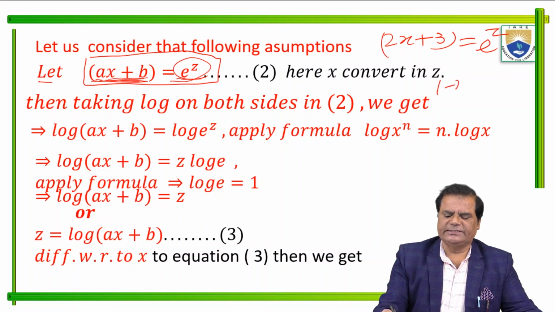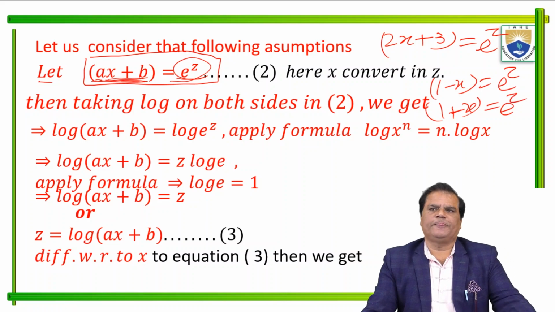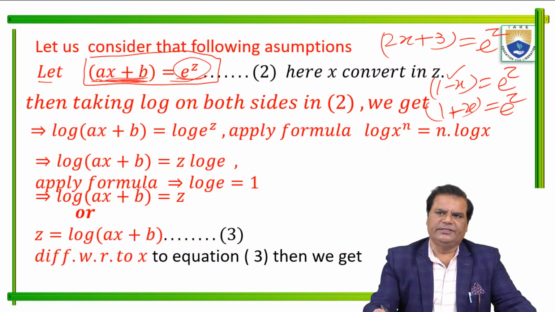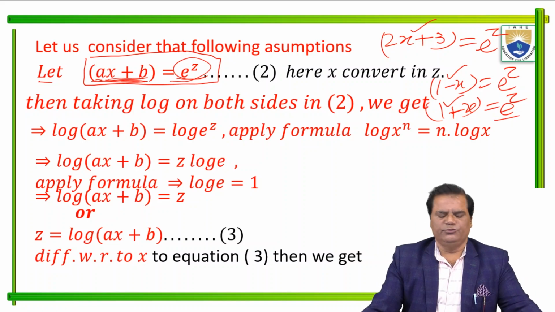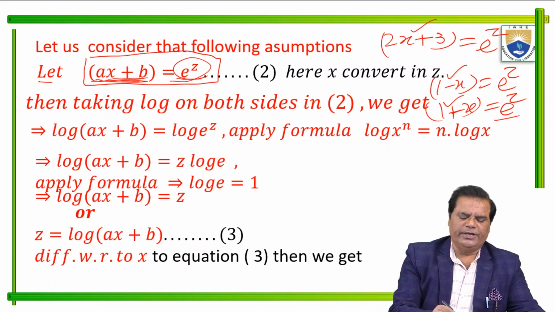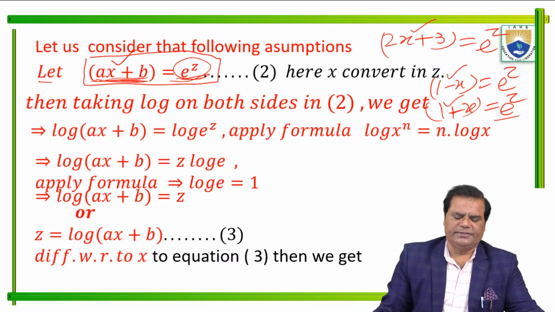Suppose 1 minus x is in our question, then 1 minus x is e to the power z. Suppose 1 plus x is in our question, this is e to the power z. So whichever bracket is given in our question, we consider it equal to e to the power z. But in the general process, in our equation ax plus b is given, so we consider ax plus b as e to the power z.